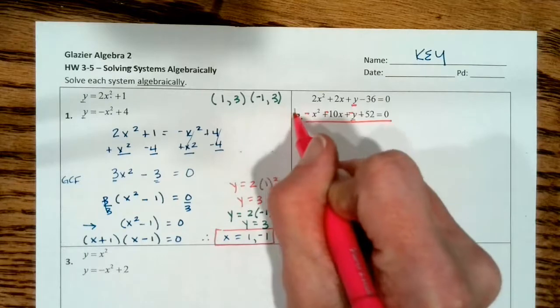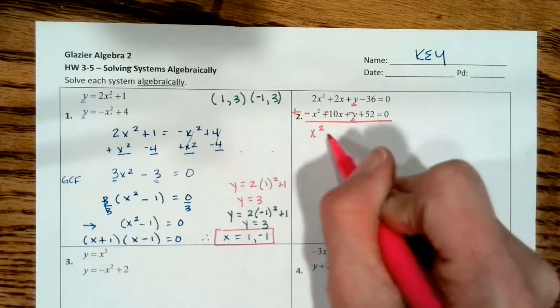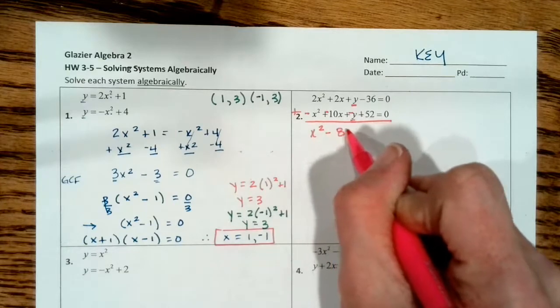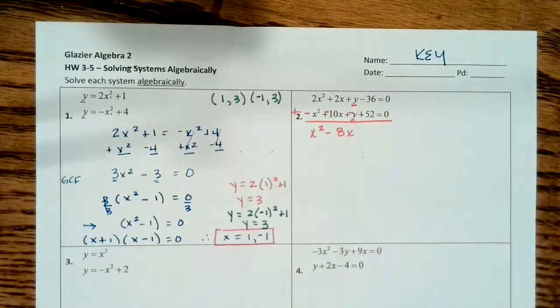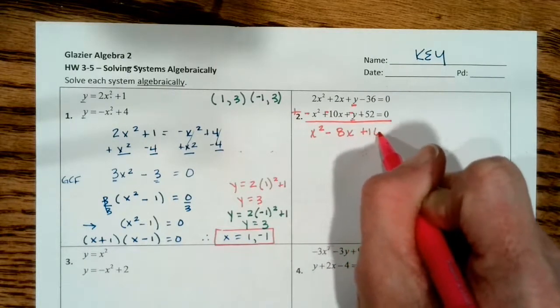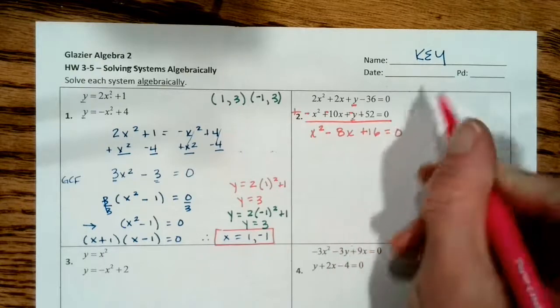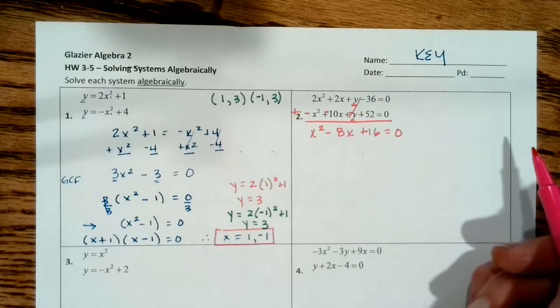When I add the equations, I'm left with 1x squared, negative 8 x's, and negative 36 and positive 52 is 16, is equal to 0. My y's canceled out because they were a 0 pair.